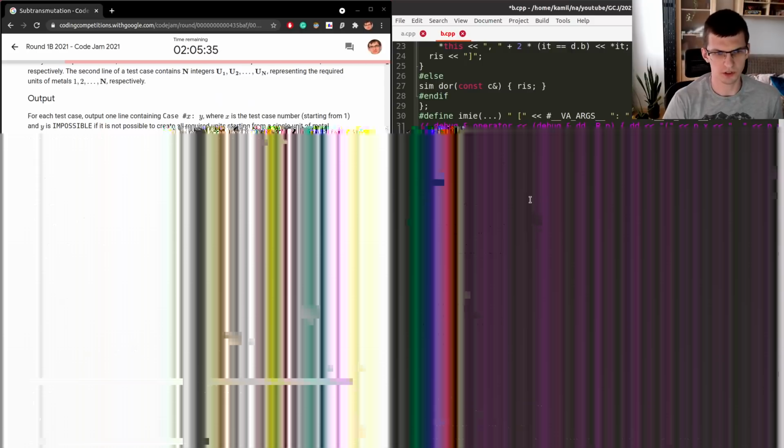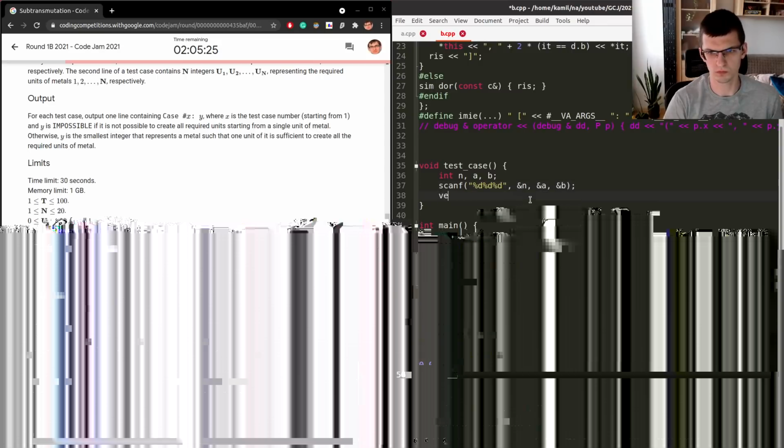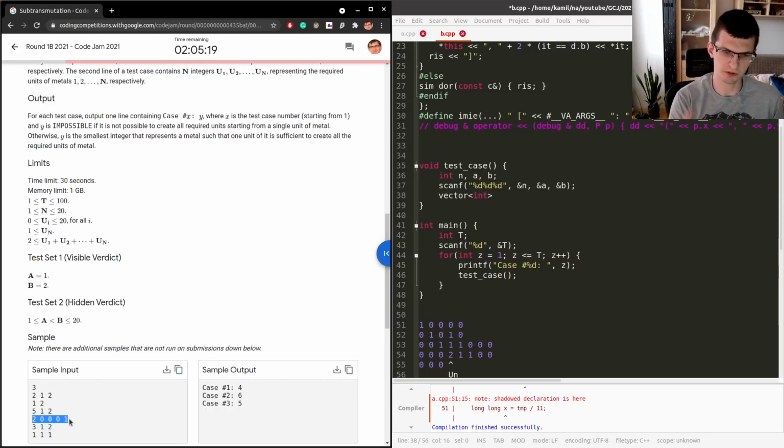I will use longs just in case. Here we have N, A, B. This I will simply reverse, I think.